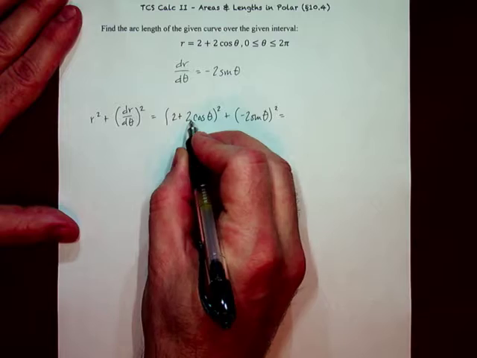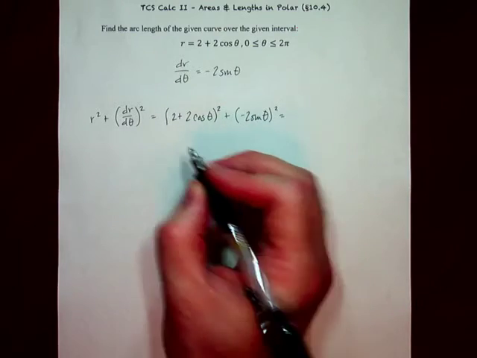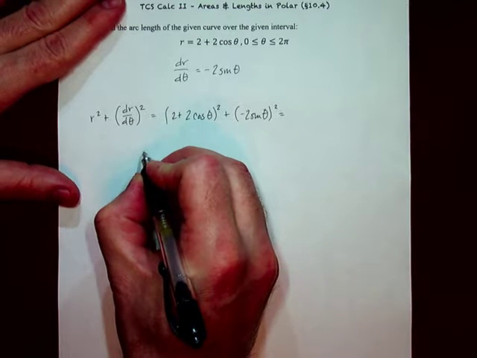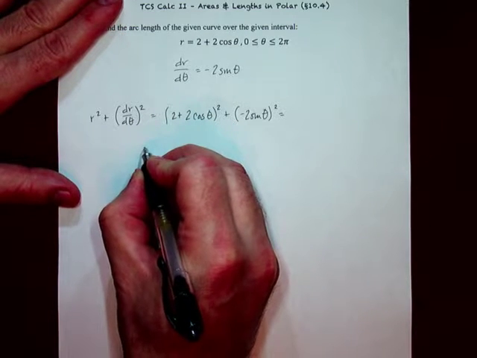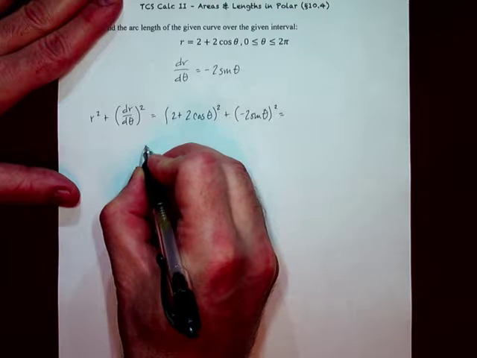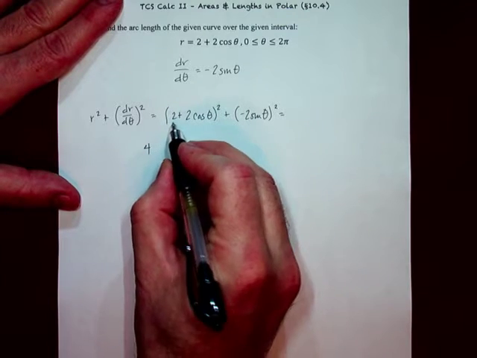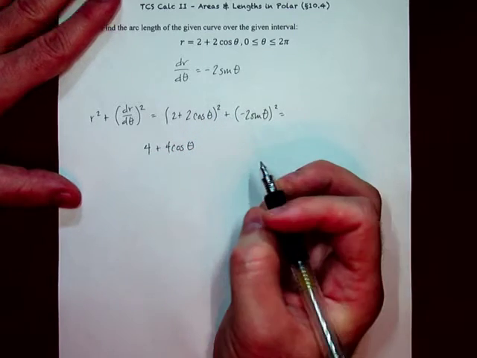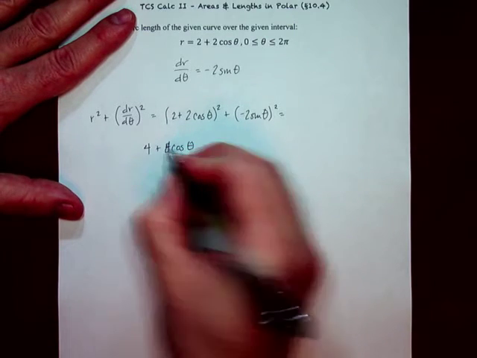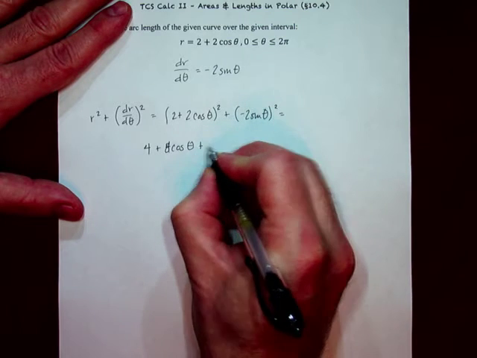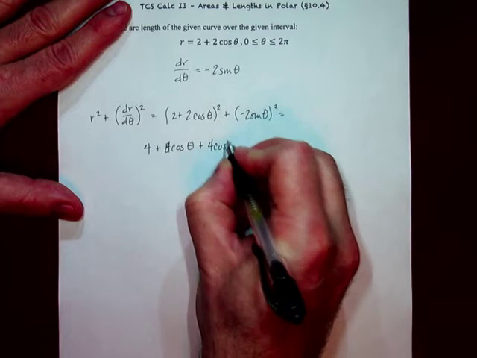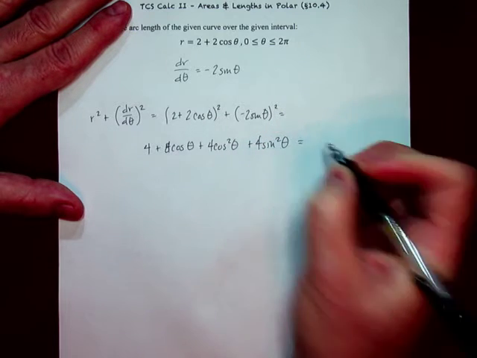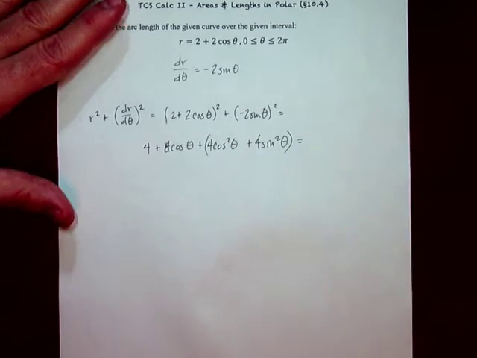When you FOIL this out, you get 4, plus 8 cosine theta, plus 4 cosine squared theta, plus 4 sine squared theta. And of course, that is 4 times 1.